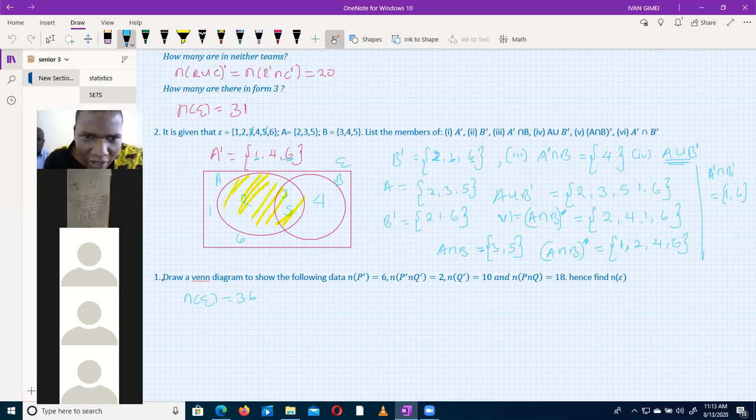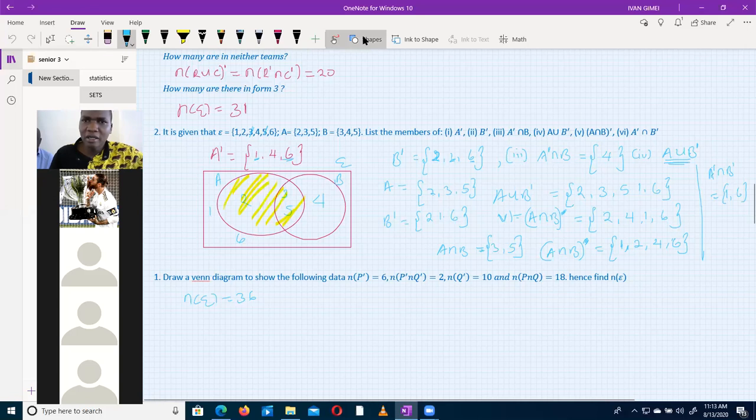Let's work it out together here. Let me draw and show you how this would look. We have our Venn diagram with two sets in it.